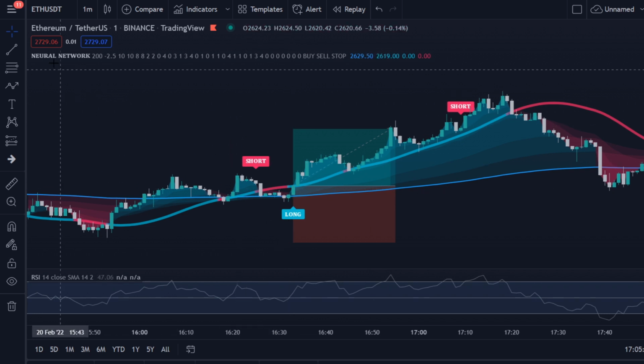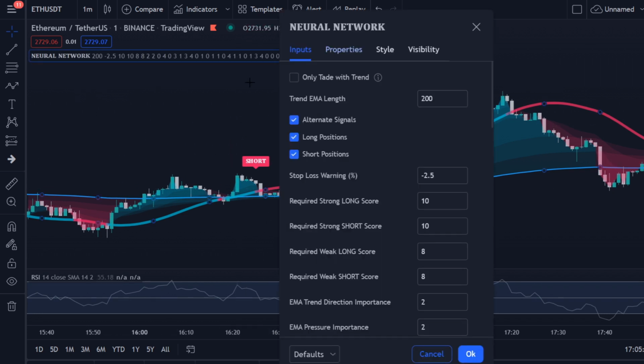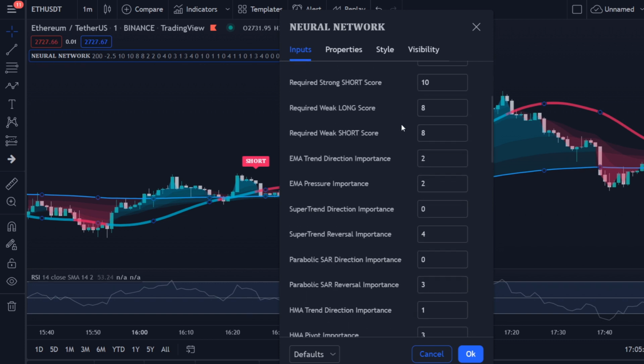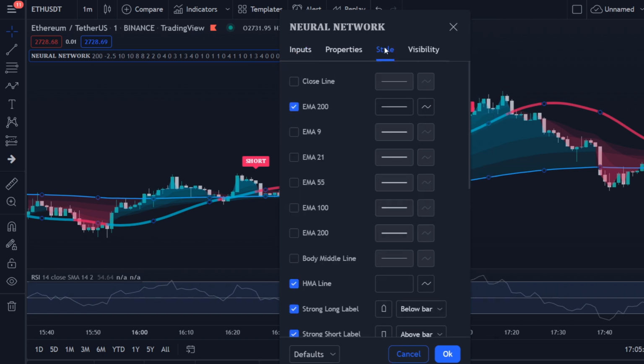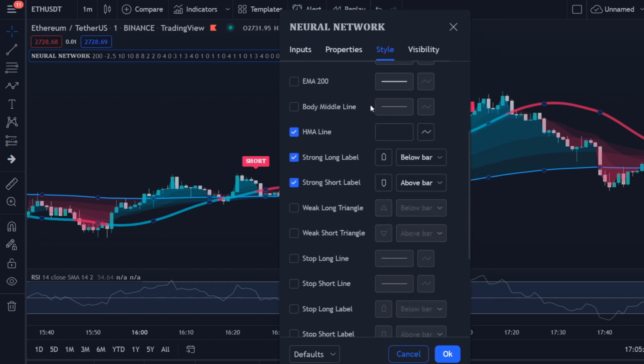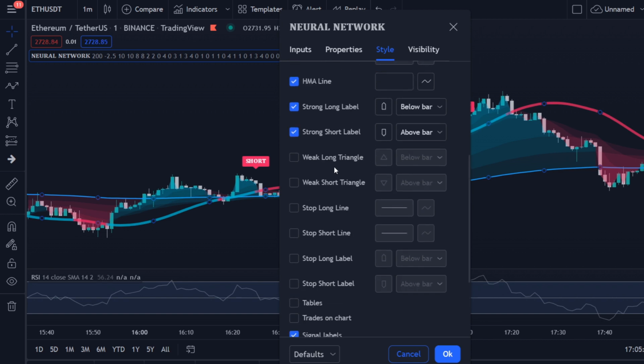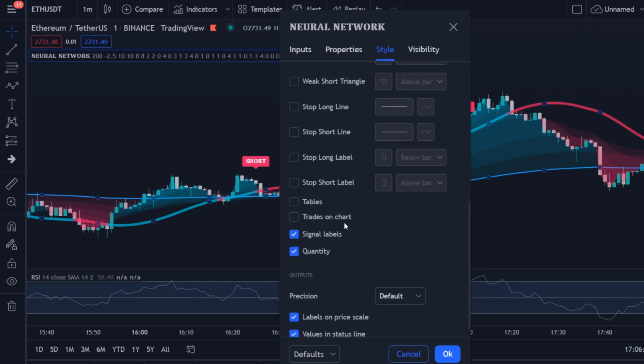Before I forget, let me show you the neural network settings. When you enable this indicator, make sure to, of course, use the 200 exponential moving average. We do not change anything. We go to style, and then we make sure to disable the weak long triangle, weak short triangle, stop long line, stop short line, stop long label, stop short label, the tables, and trace on chart.